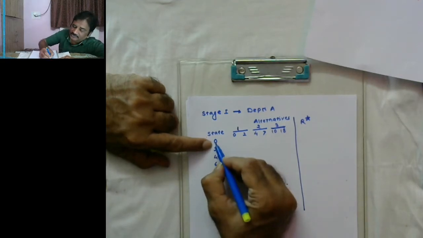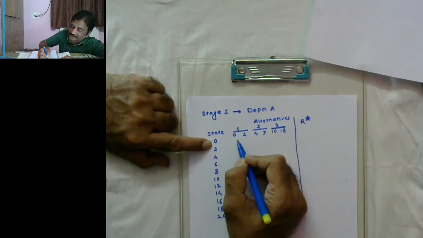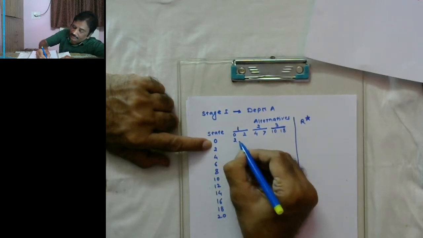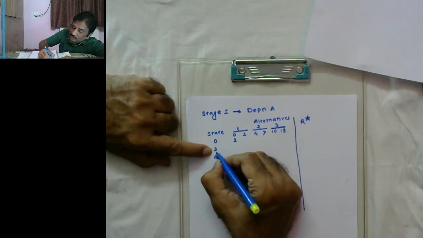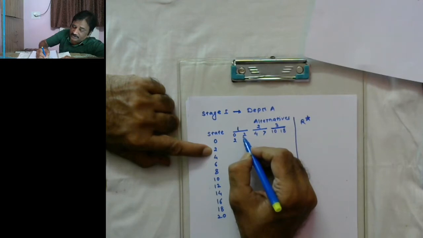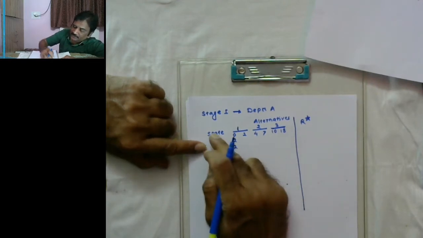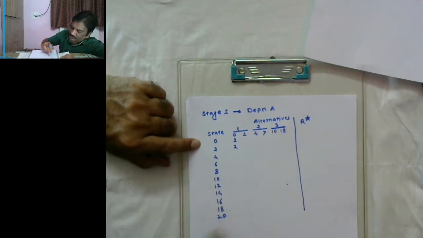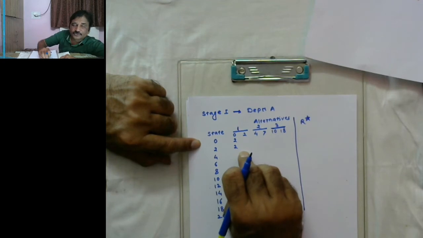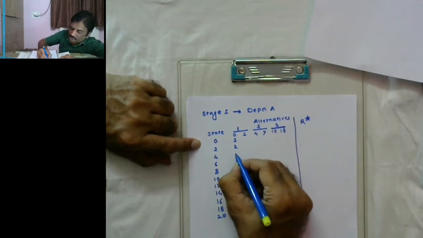So if I have 0 crore rupees, then can I use my first alternative here? Yes, I can. And if I do that, return will be 2 crore. If I have 2 crore and I have decided to use first alternative, then again the return will be 2 crore. So even if I have 12 crore, 14 crore, 16 crore, 20 crore, but if I decide to use first alternative, return is fixed to be 2 crore rupees all throughout.